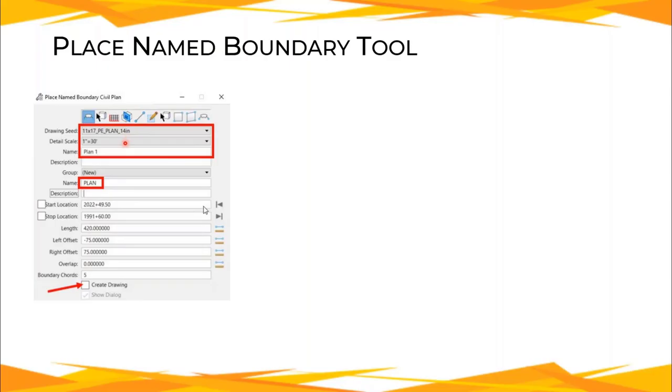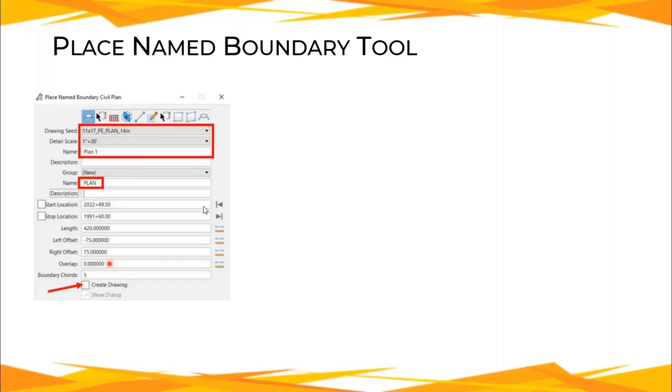So that rectangular area that we have in the seed files on the sheet model that I want to put this name boundary or plan view in, it'll maintain that aspect ratio so that you don't have to do those things manually. You can go in and adjust these if need be, but I don't think there really should be any scenarios where you're going to have to mess with any of these things.